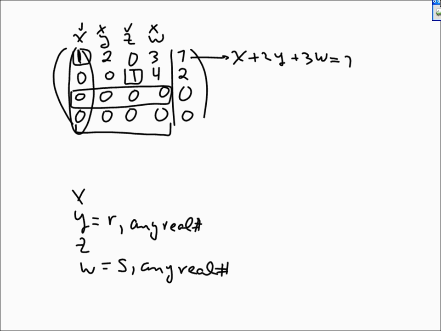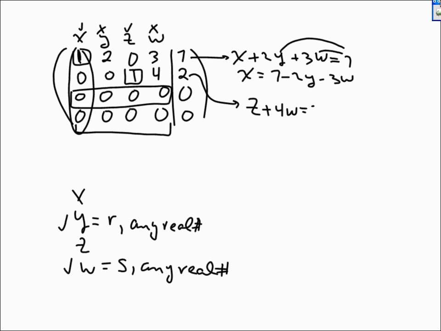And y and w's are the open variables. Bring it to the other side. So you get x is equal to 7 minus 2y minus 3w. The second equation says 1z plus 4w's is 2.